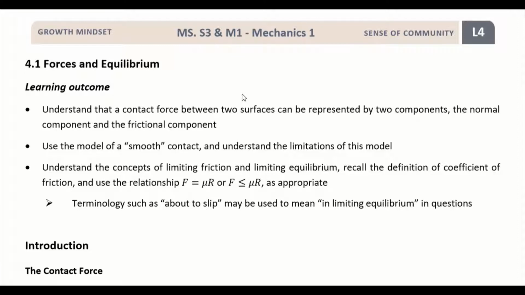But for Mechanics 1 it is pretty hard to do the cutoff, because you will realize there is a relationship between all the chapters. For example, in the previous chapter we talked about kinematics of motion, in this chapter we talk about forces and equilibrium, and in the next chapter we are going to discuss Newton's laws of motion.